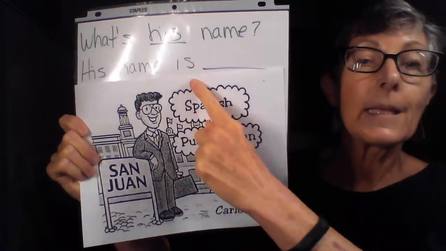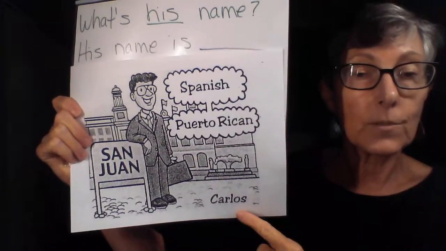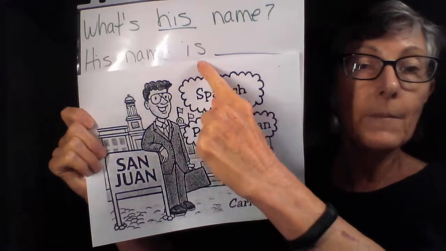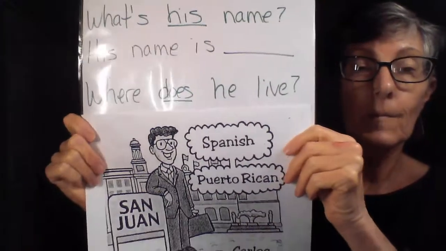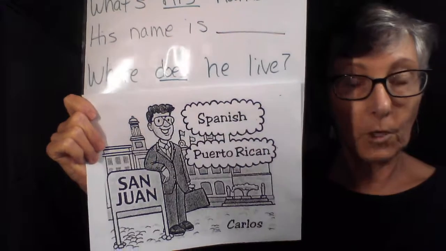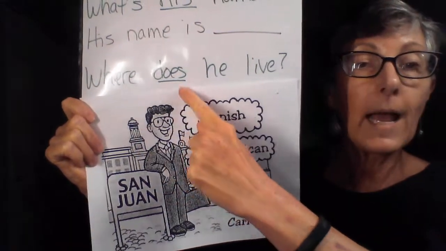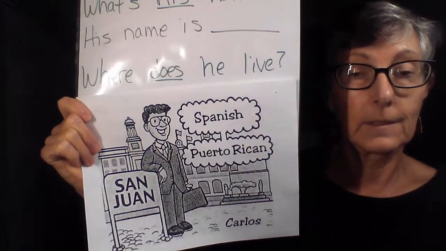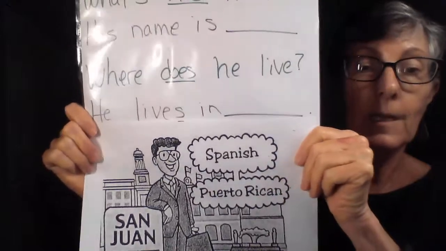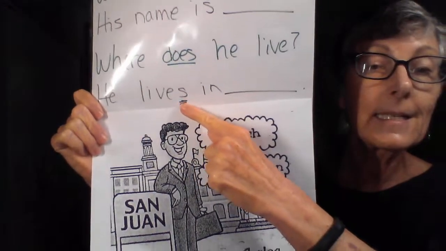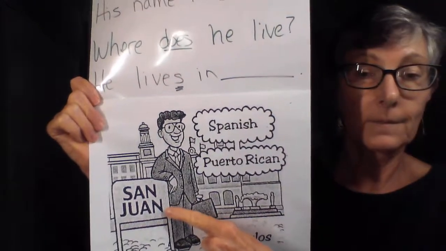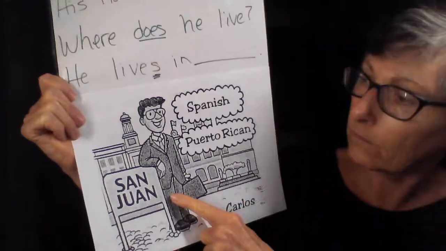His name is Carlos. Where, for location, where does he live? Answer. He lives in San Juan, sorry. I have to look at it backwards.